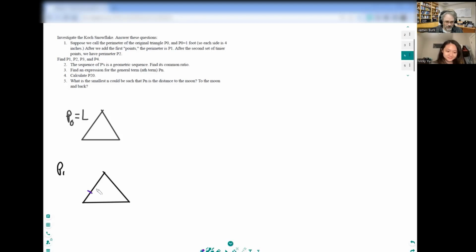So you would take it and divide it up into 3 different pieces. You would put another equilateral triangle. And that's key. That's equilateral. That's going to be important. And my daughter might say it looks like a kitty cat.